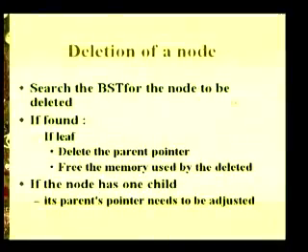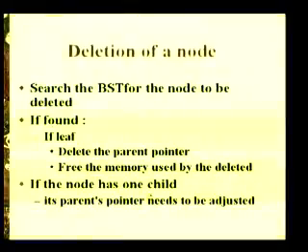How will you be deleting a node from this particular tree? Well, the deleting operation is very, very simple. Search the BST for the node to be deleted. If found, if it is a leaf, delete the parent pointer. The pointer which is coming from the parent, simply delete it. Free the memory used by this deleted node.